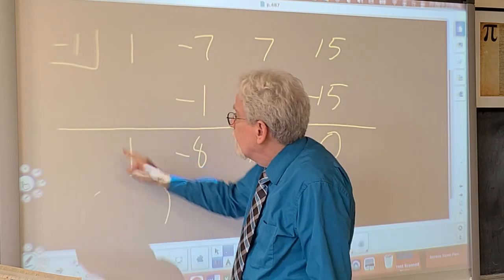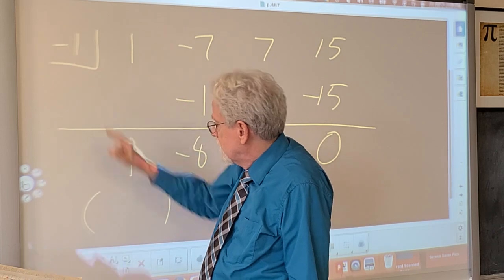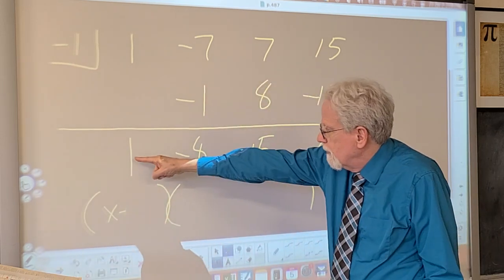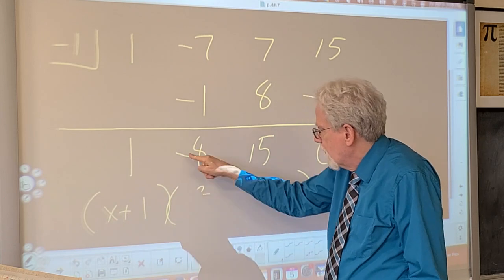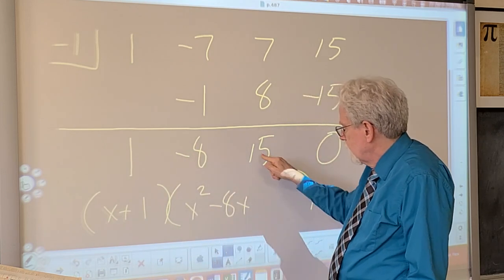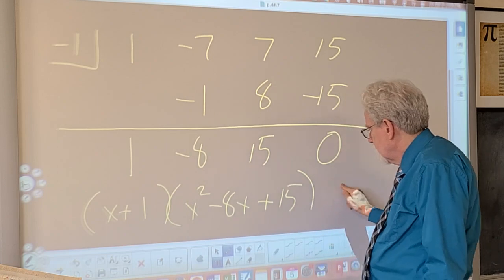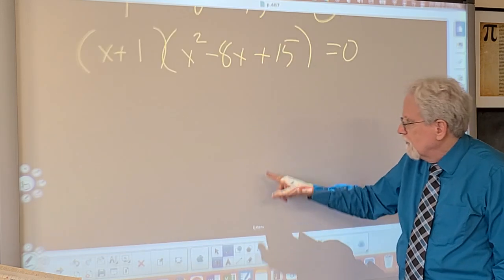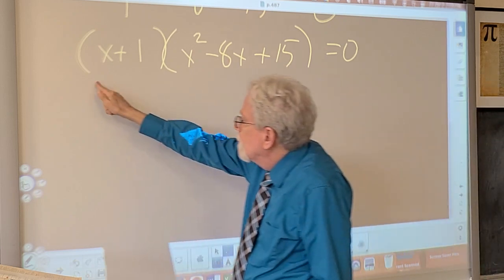One of our factors is x plus 1. The other factor is 1x squared minus 8x plus 15. And this guy, again, is easy to factor. Bring this down.